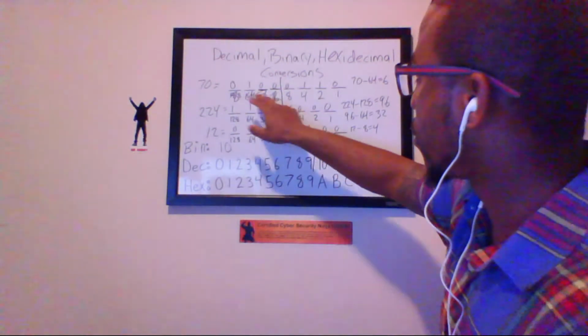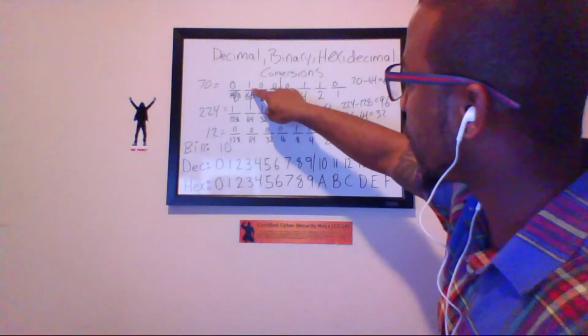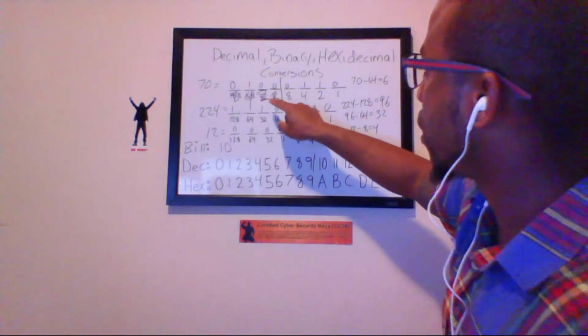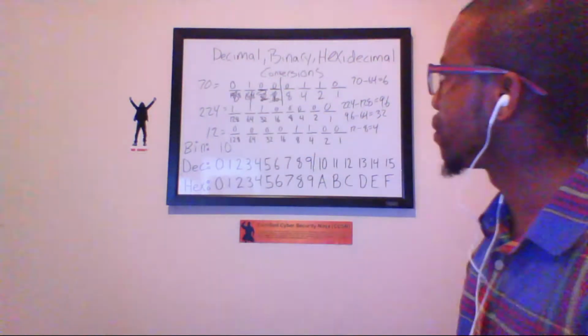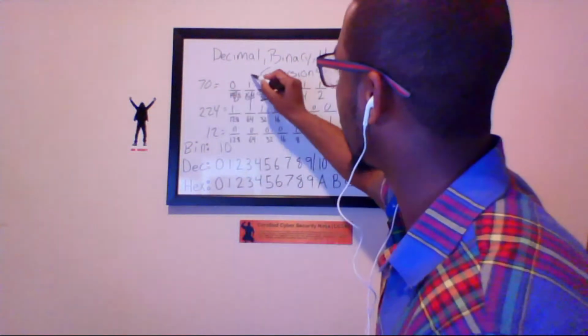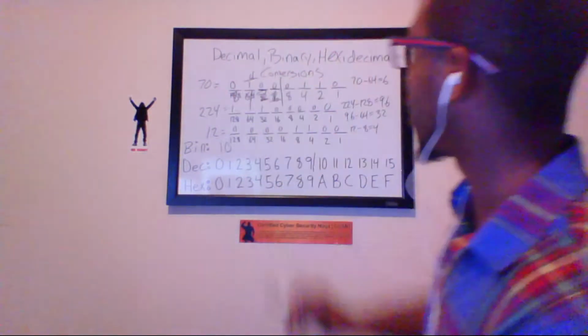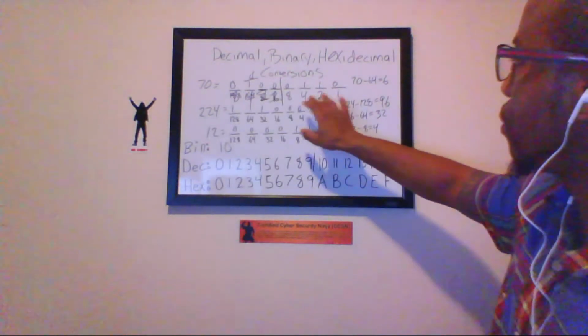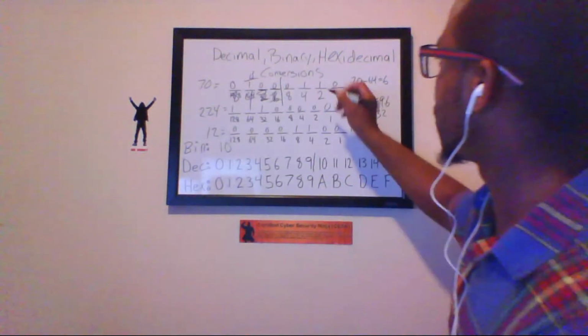The only value we need to add is the 1 in the 4 space, so this would be a 4. Let's put a 4 right here. And on this side we add these two values, 2 and 4 is 6. Let's put a 6 on this side.